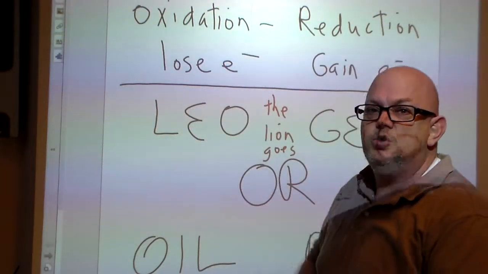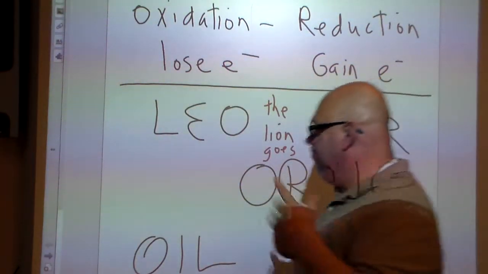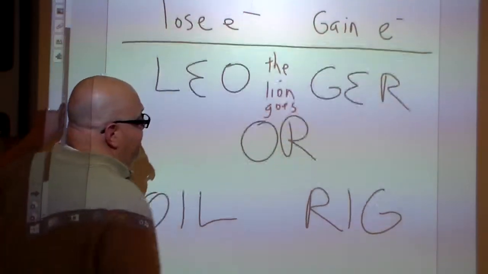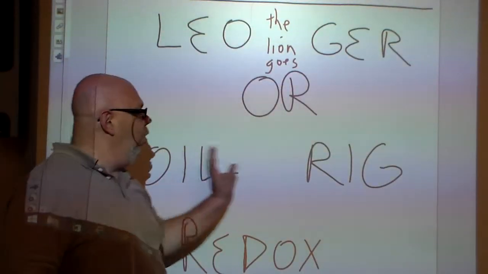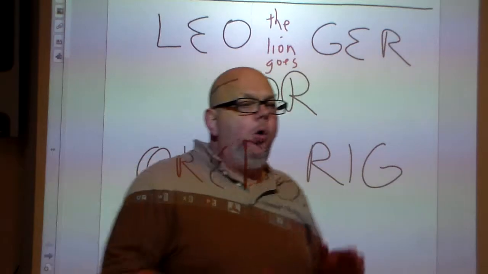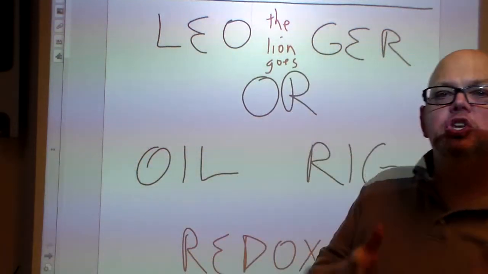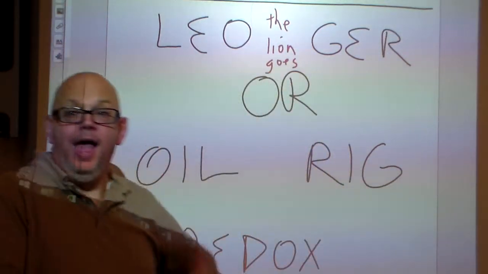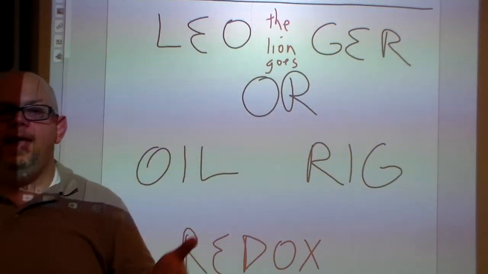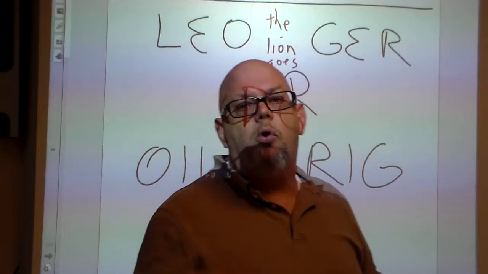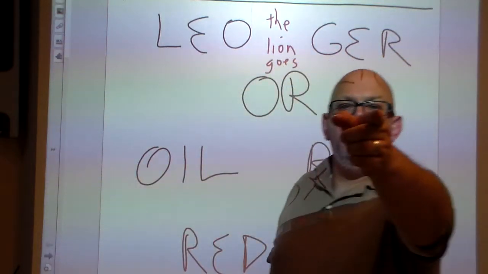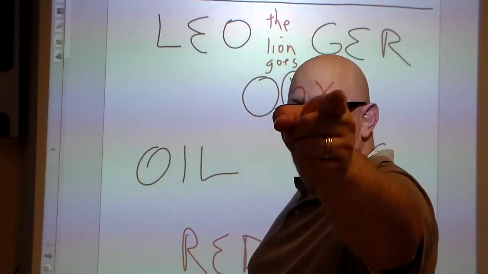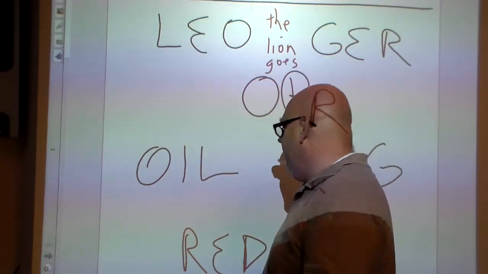Oh, isn't that a nice one? Now that's how I remembered it. But there is another way, if it's easier for some people: oil rig. Oil rig means oxidation is losing, reduction is gaining. So Leo the lion goes grrr or oil rig, doesn't matter, whatever helps you, because you're the one who needs to understand this stuff, right?